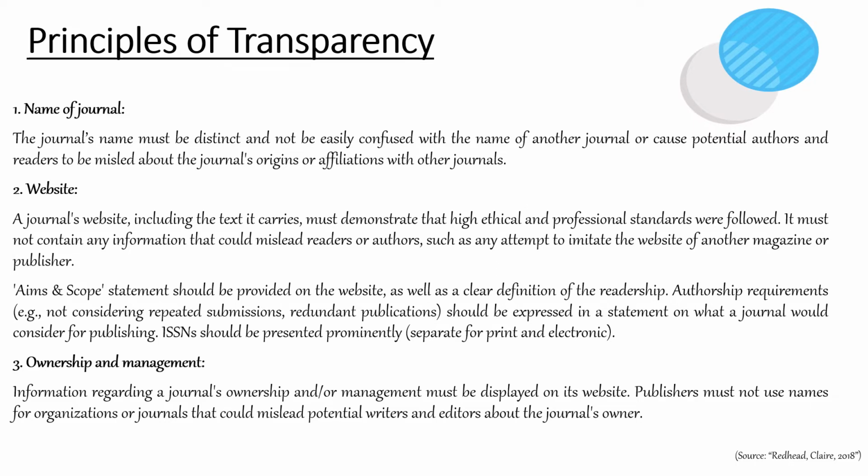ISSN should be presented prominently, separately for the print version and the electronic version. Next, ownership and management. Information regarding a journal's ownership or management must be displayed on its website. Publishers must not use names for organizations or journals that could mislead potential editors or writers.